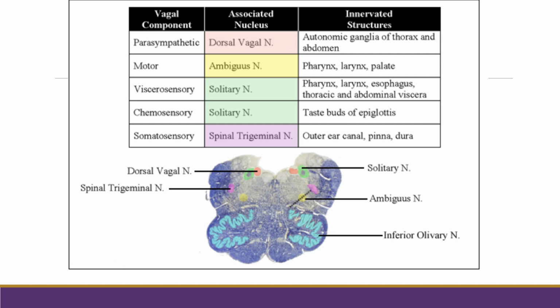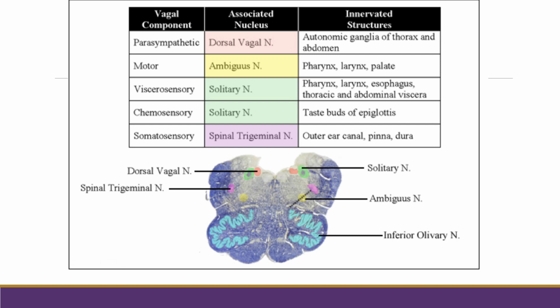Okay, so the left side, the vagal component being parasympathetic, so the dorsal vagal nerve, that's going to innervate the autonomic ganglia of the thorax and the abdomen. The motor component, so the nucleus ambiguus, and that's pharynx, larynx, and palate, so moving the throat, the voice box, and the palate. Viscerosensory, so viscera tells us we're looking for internal organs here.